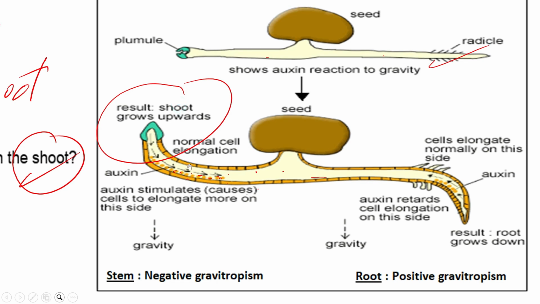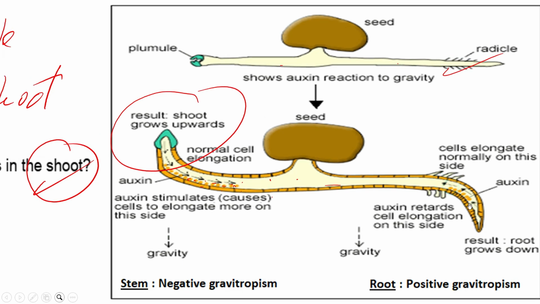Okay, the reverse for the oxygens, if found accumulated on the lower part of the radicle, it inhibits, suppresses growth of cells on the lower part, while the upper part becomes longer, so stretching all the cells of the radicle downwards.